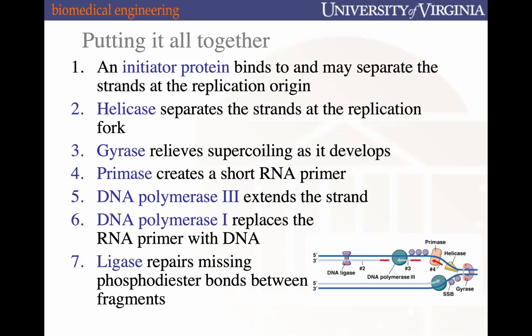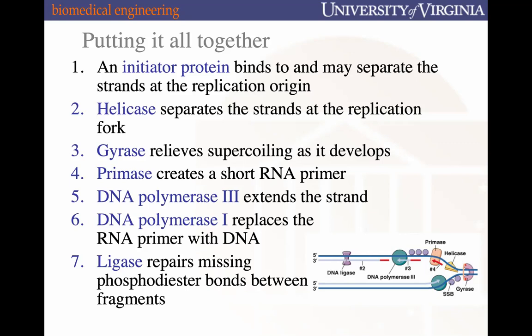And type 1 topoisomerase is also equally important. If you generated mice that completely lacked type 1 topoisomerase, it's what we would refer to as embryonically lethal. Mammals cannot survive without type 1 topoisomerase. And the same is true for type 2. So both are important for DNA replication.